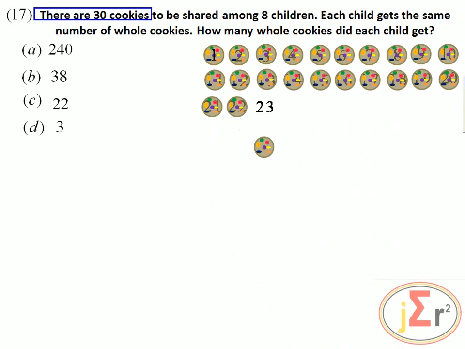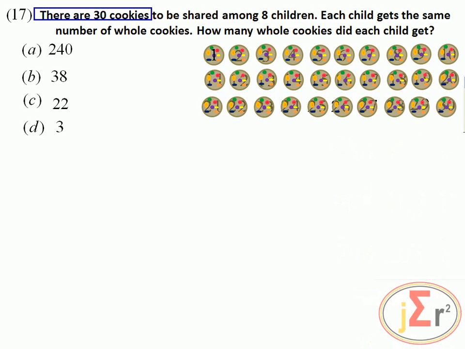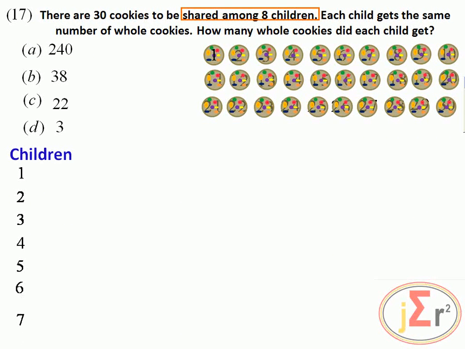So I put them down in groups of 10 so that Jerry does not overpower me that easily. But Jerry found the answer already, so that's okay. So, shared among 8 children. So let us say that we have the 8 children right there. 8 of them.